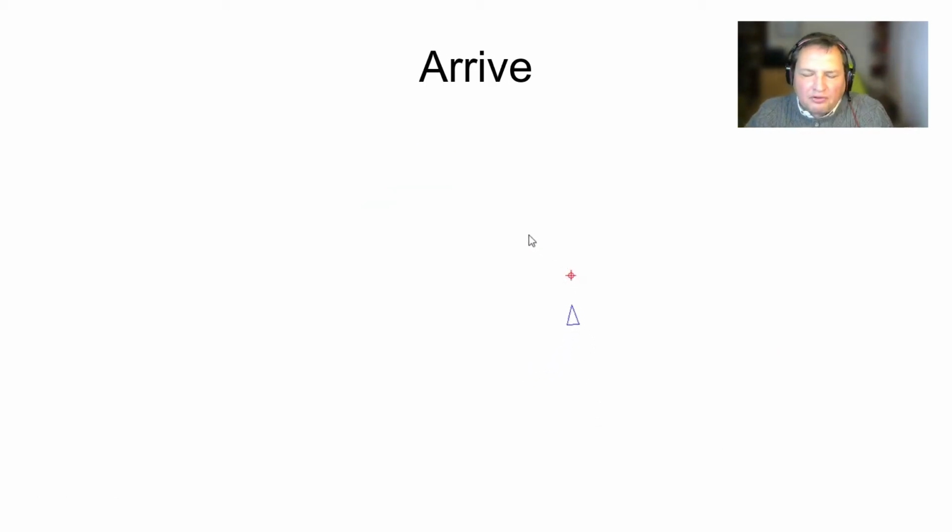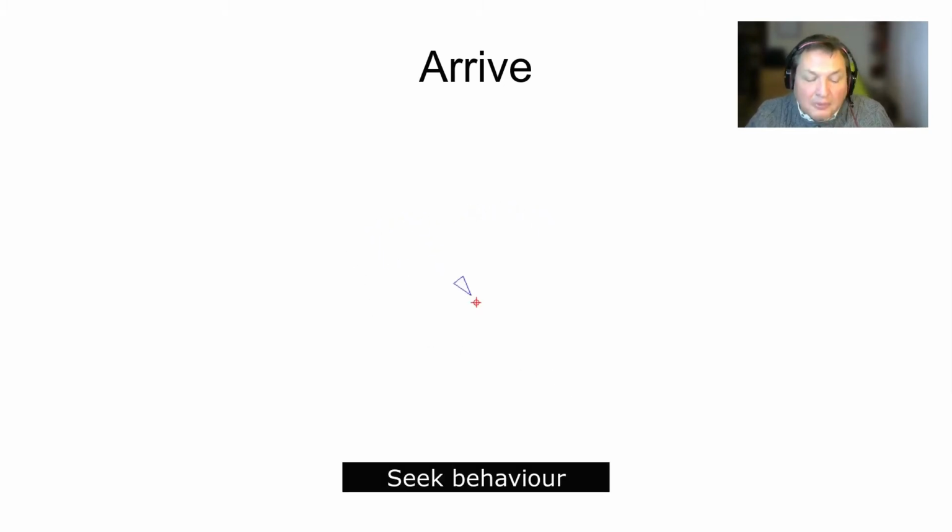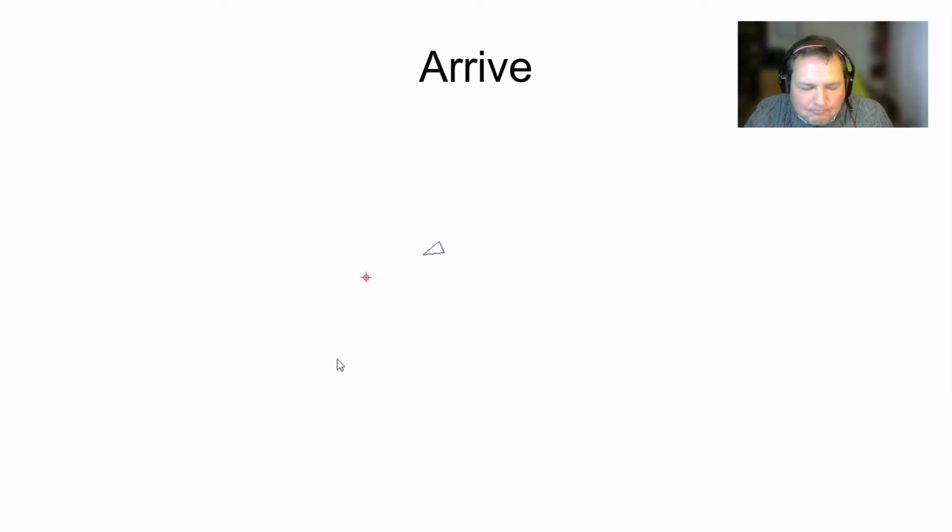The arrive behavior is very similar to the Seek behavior. The difference is that the Seek pattern always applies the same constant speed, and sometimes it happens that it overruns the desired destination, particularly if the latter is stationary.